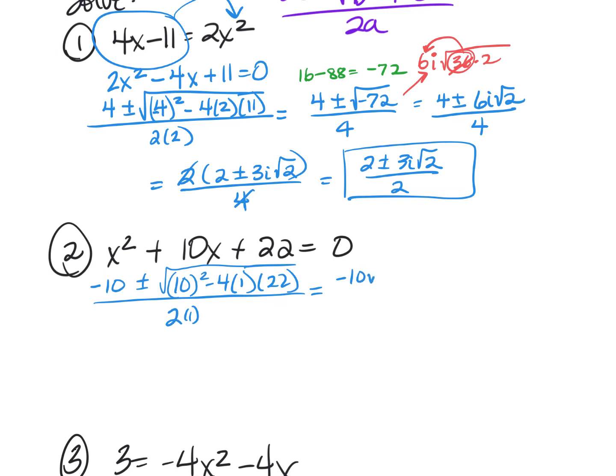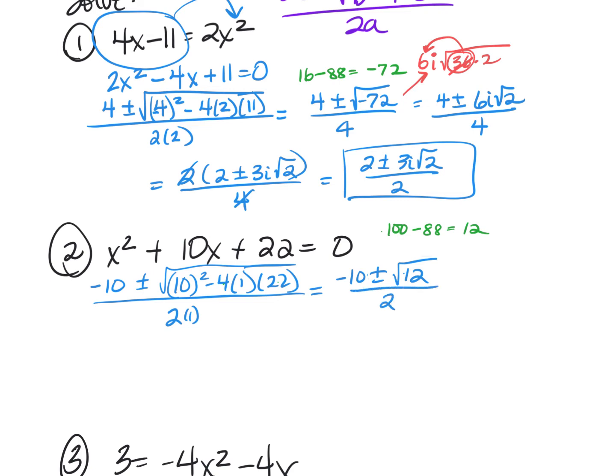Negative 10 plus or minus the square root of 10 squared. 10 squared is 100, 4 times 22 is 88, so minus 88 gives me 12. All right, that's not so bad. So it's plus or minus the square root of 12, all of it over 2.